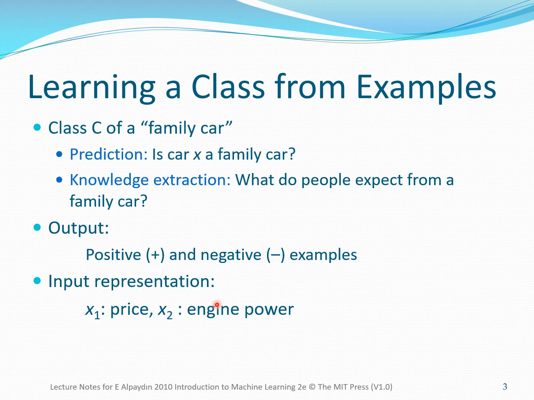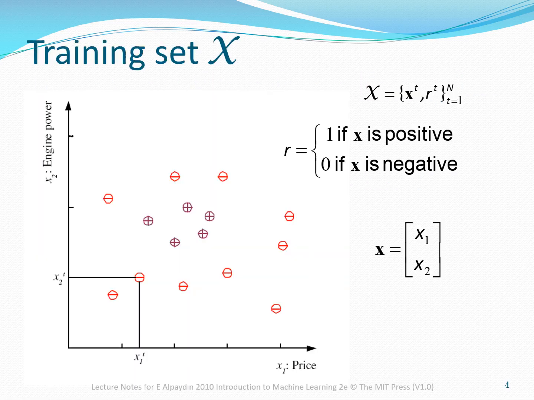Though one may think of other attributes such as seating capacity and color that might be important for distinguishing among car types, we will consider only price and engine power to keep this example simple.